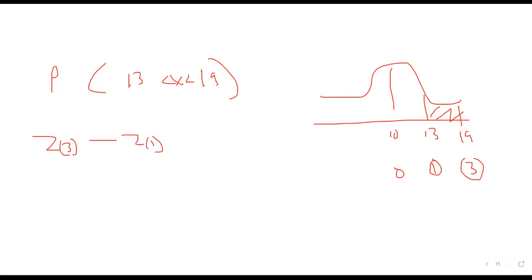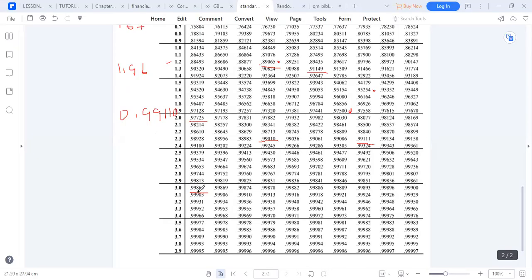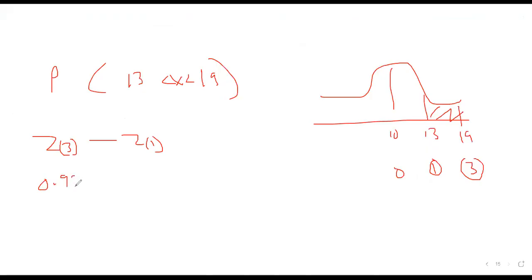So we're going to check under 3. You check under 3.0, 0.99865.